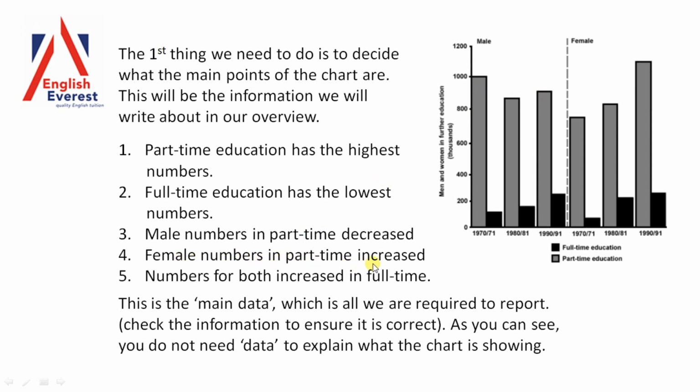Female numbers in part-time increased. Numbers for both increased, and we're only talking about full-time here. Increase, increase. They're the main points. It's most of the information, so we can incorporate this into our overview. So this is the main data which we'll use.